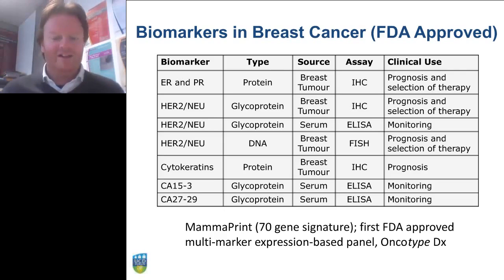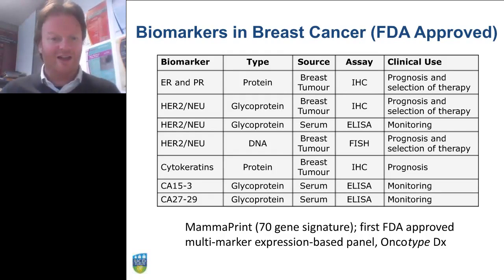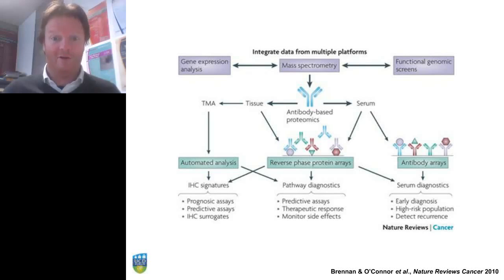But despite these vast numbers of biomarkers that are described in the literature, there's very obviously a significant disconnect between our ability to discover biomarkers and our ability to actually validate those and translate those into clinically usable tests. And that's really where my lab spends a lot of its time focused.